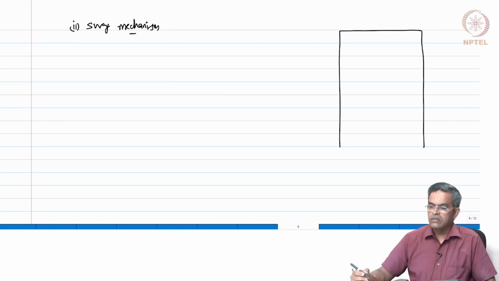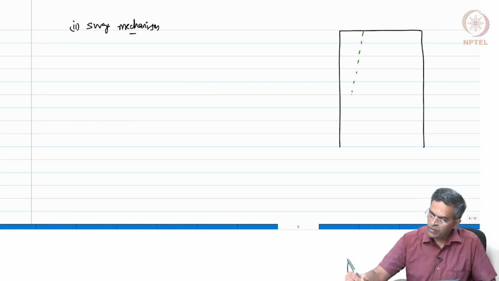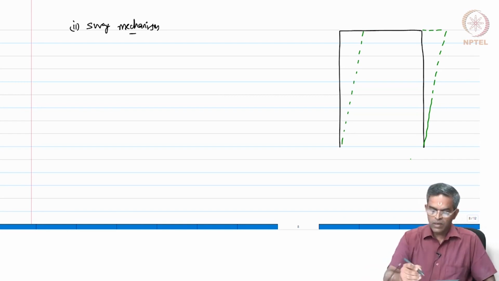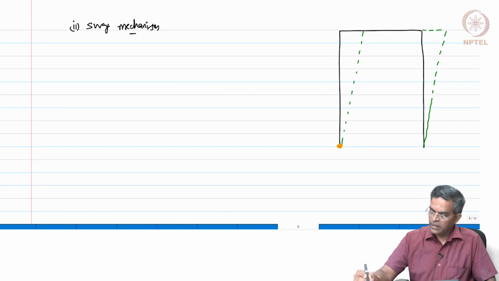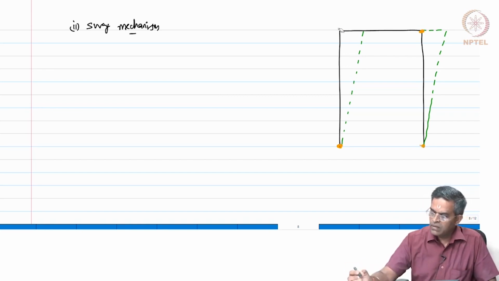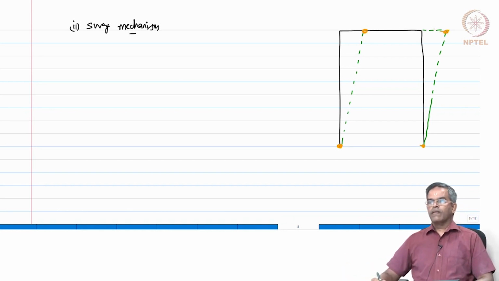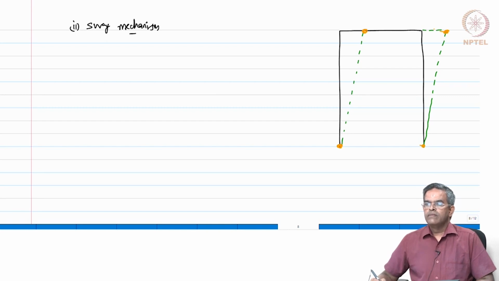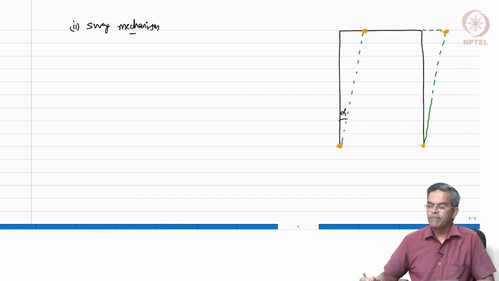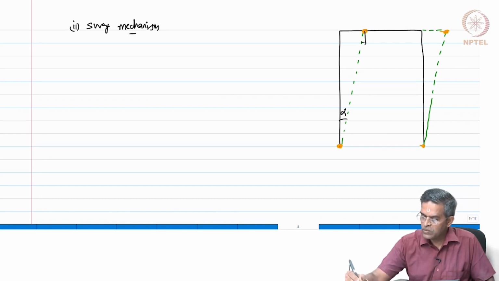Let us draw the deflected profile of the frame in the sway mode. Okay. So, I assume the plastic hinges are at A, B, C and D. I think I can mark them here. Let me call this angle as alpha, which is also alpha.